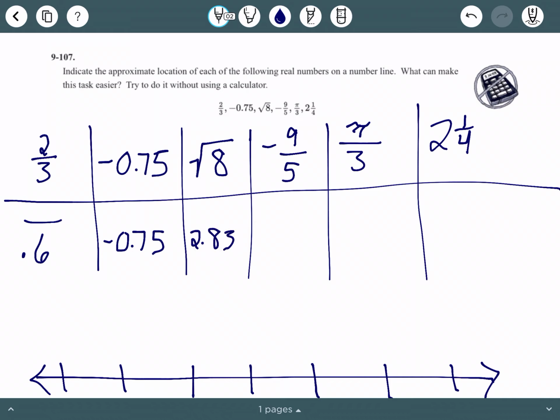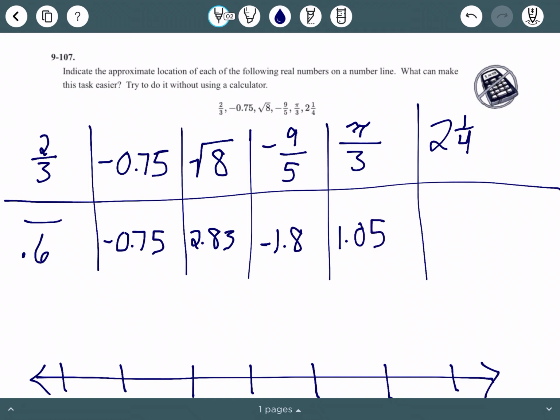Negative 9/5, we're going to do negative 9 divided by 5. That's going to give us negative 1.8. Pi over 3, we're going to do pi divided by 3. That's going to give us, again, if we round to the nearest hundredth, about 1.05.